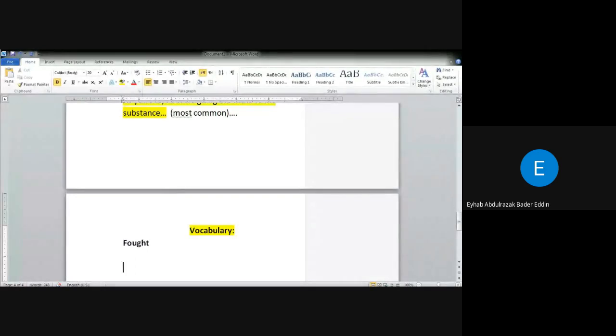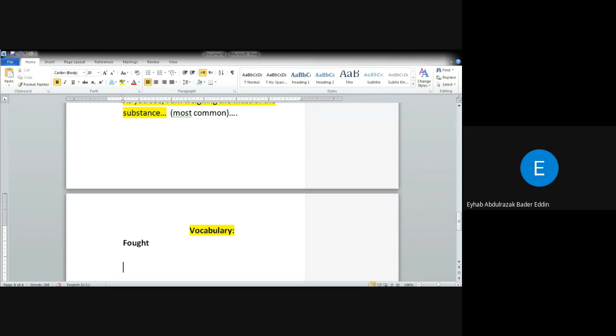Okay, can you see the Word file now? Yes, doctor. Okay, so back to talking about dictionaries, but I'm not going to use a PowerPoint file because it makes things go slower.